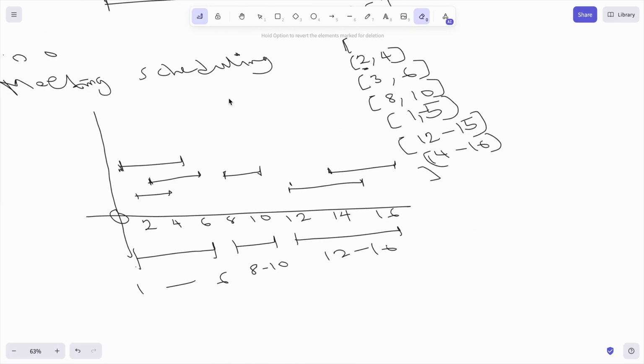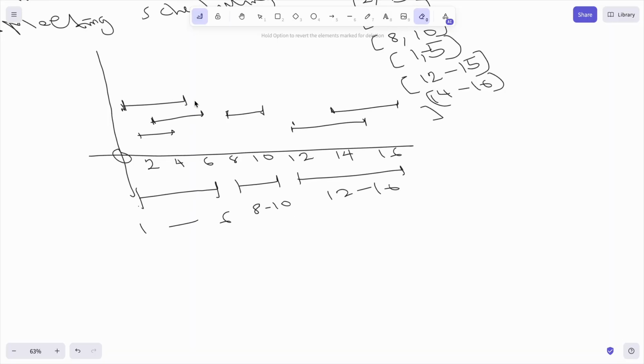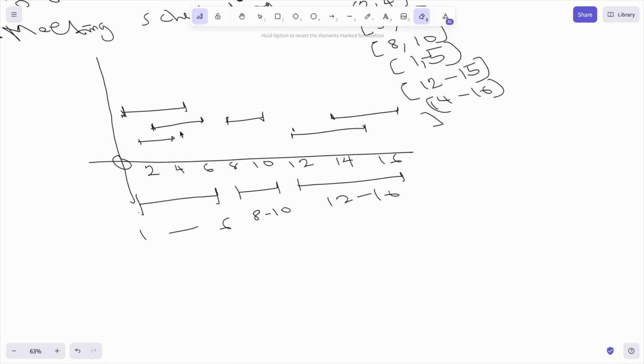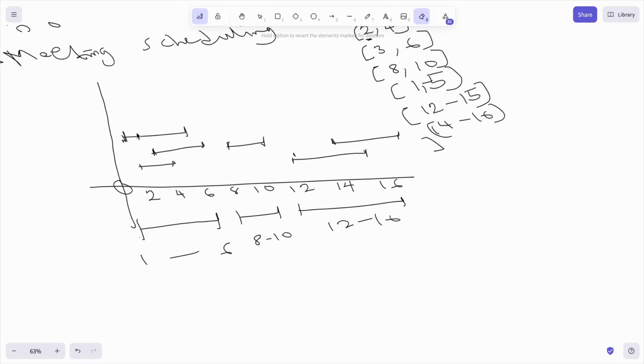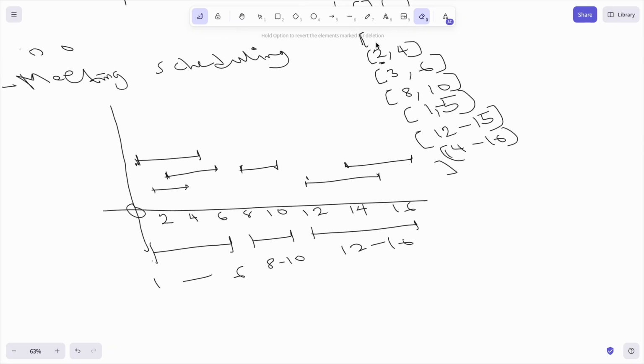So now to solve this problem naively, ideally what we would do is process each of these entries one by one. You could take the first entry, which is this 2, 4. Then we would move through all the other elements in the array and try to see the ones that overlap with this 2, 4.